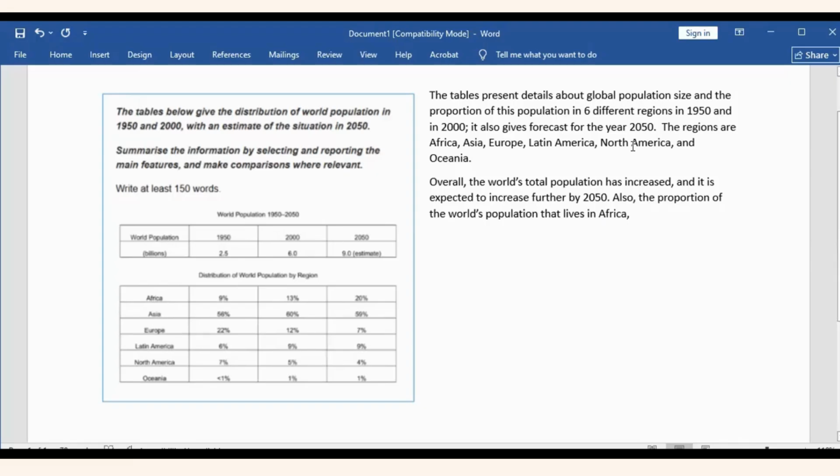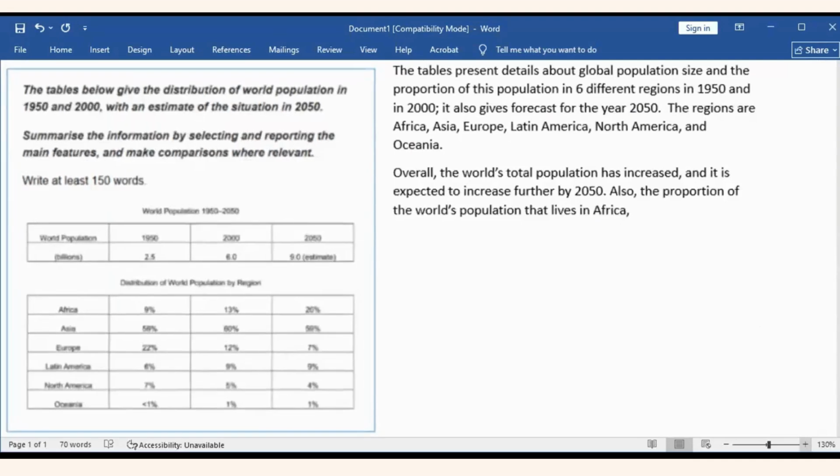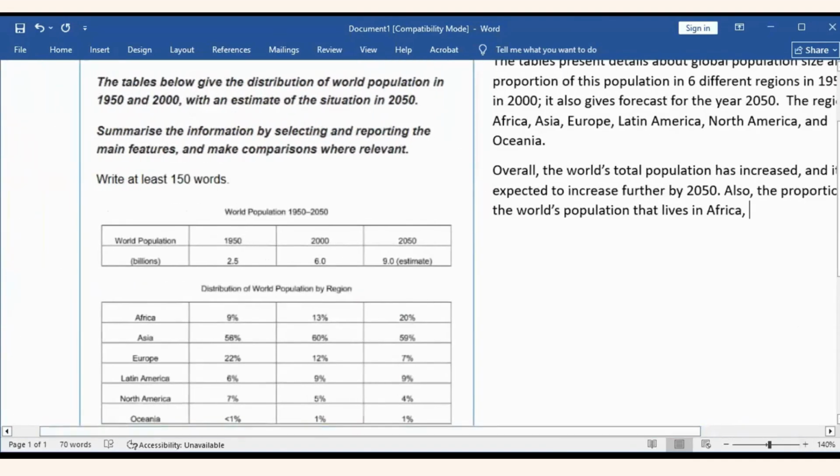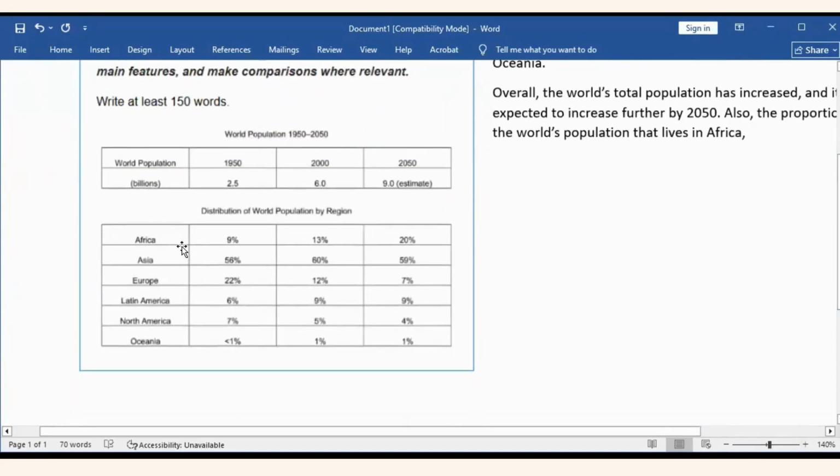Asia, let me make this bigger so that you guys will see what I'm saying. Whenever you see your graph, you want to know which categories increased, which reduced, which fluctuated. Africa has increased: 9, 13, 20. Asia 56, 60, 59, Asia fluctuated.